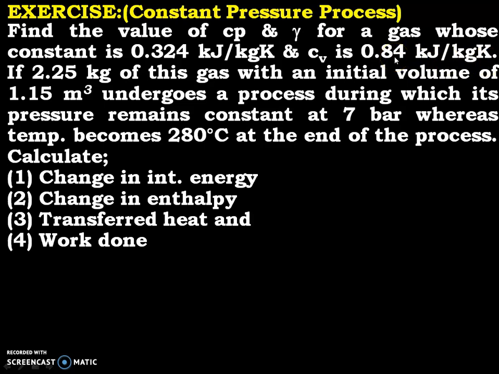Now see what they have given. Gas constant means it is the characteristic gas constant, that is R. They have given us R 0.324 kilojoule per kg Kelvin and Cv is 0.84 kilojoule per kg Kelvin. And using these two, we have to calculate Cp and gamma.